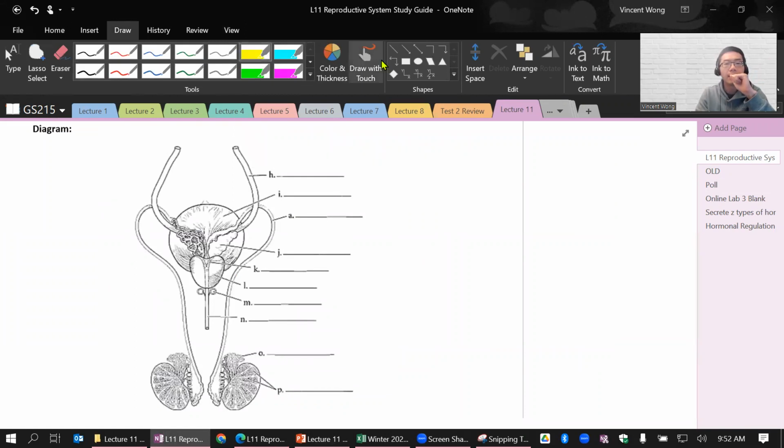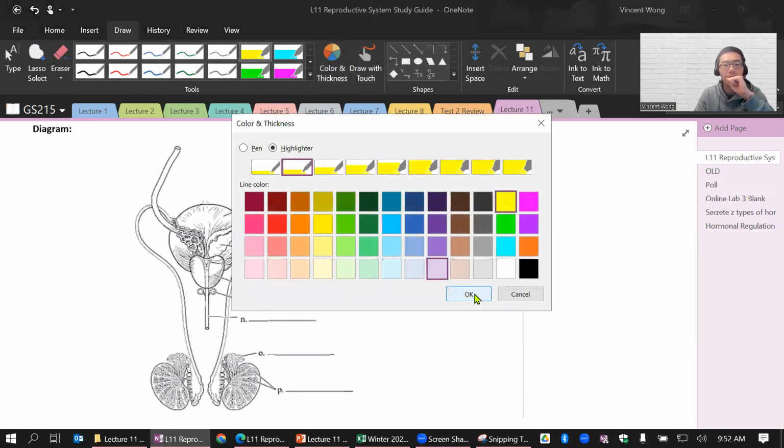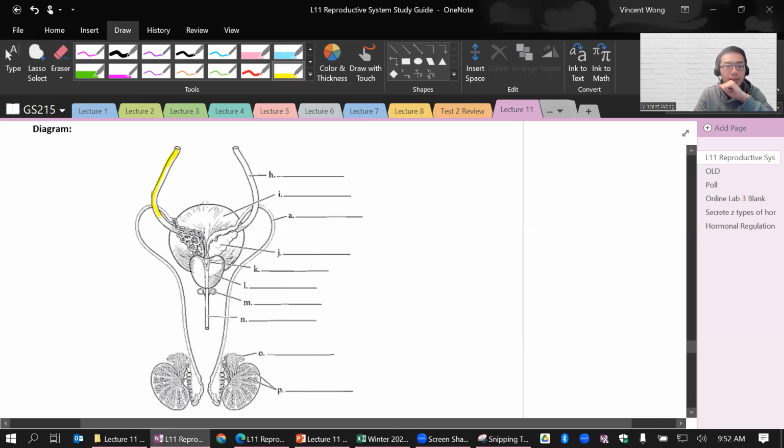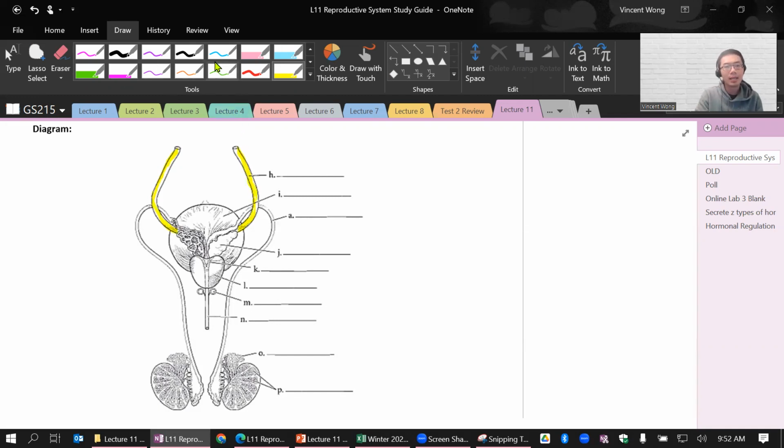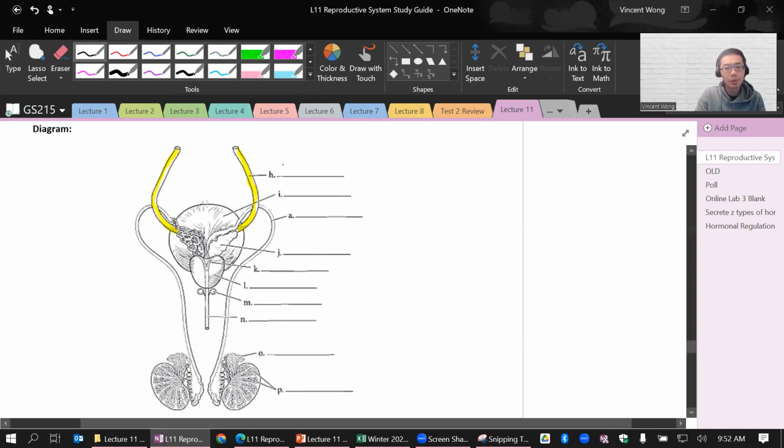We have the two tubes here that are coming from the kidneys, and so those are the ureters.